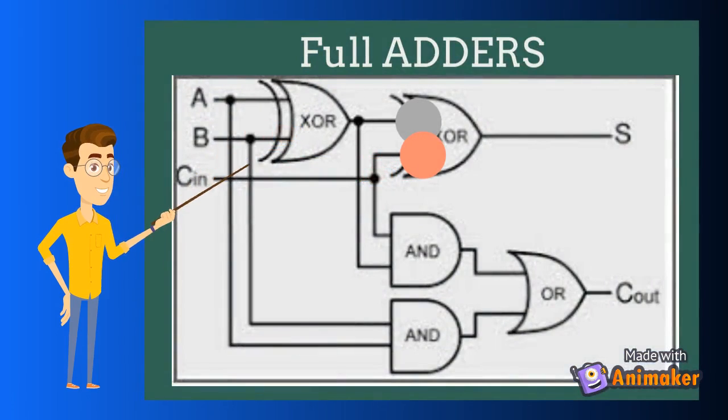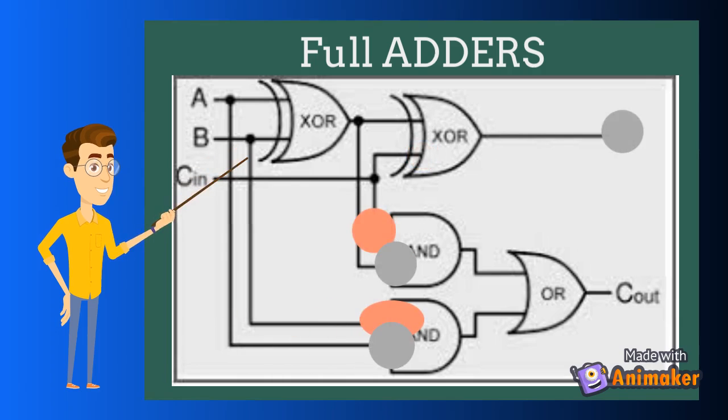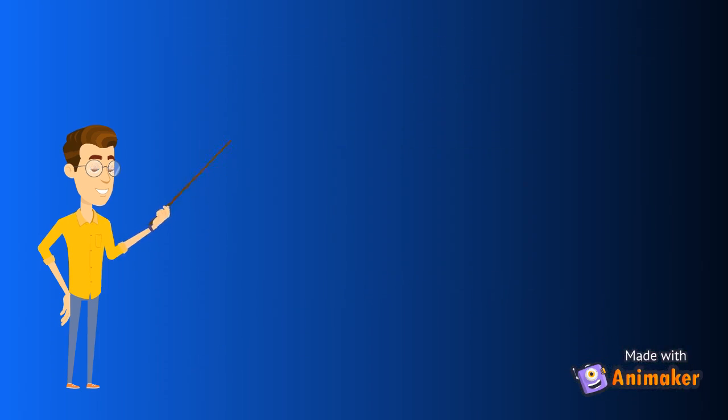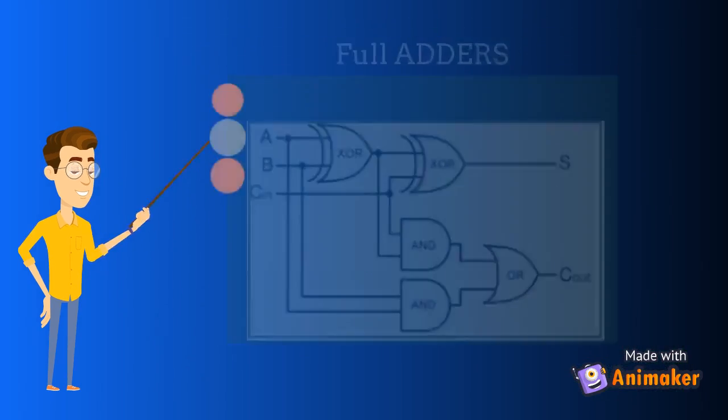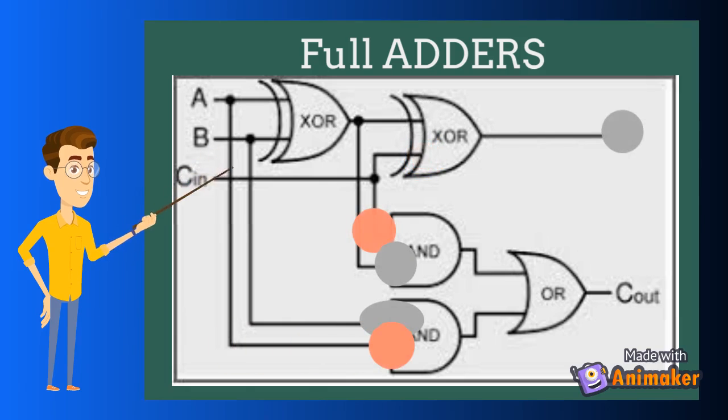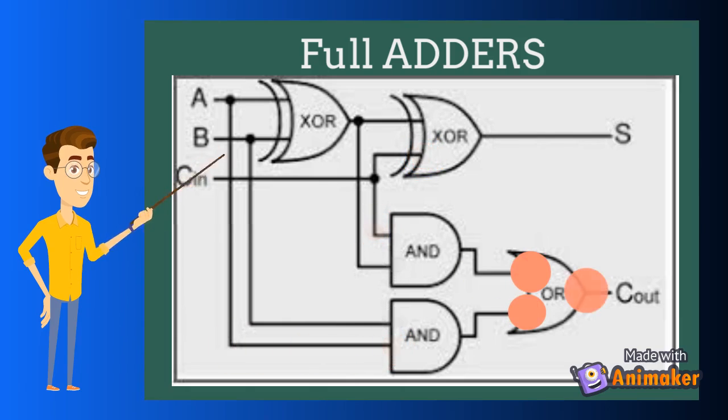In this case, first input is 1 and the rest are 0. The inputs follow the same path as previous to give sum equals 1 and carry of 0. In this case, the second input is 1 and the rest are 0, giving sum equals 1 and carry of 0.